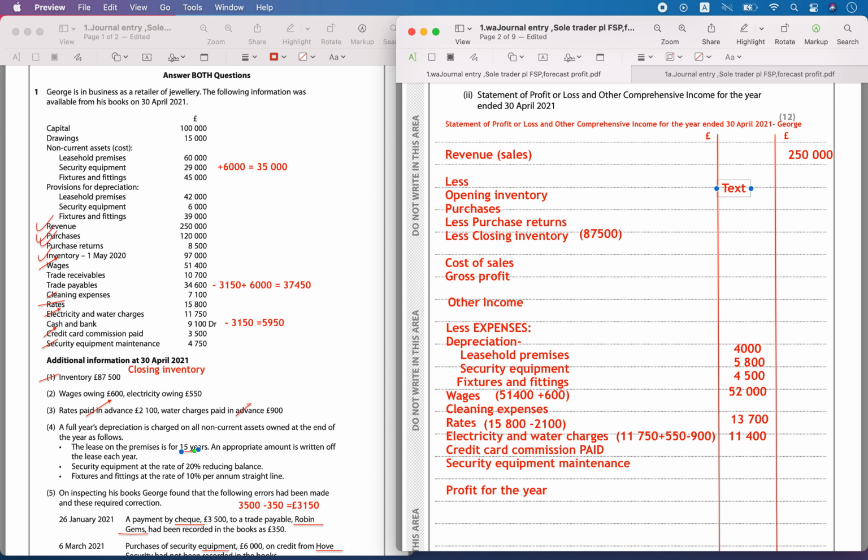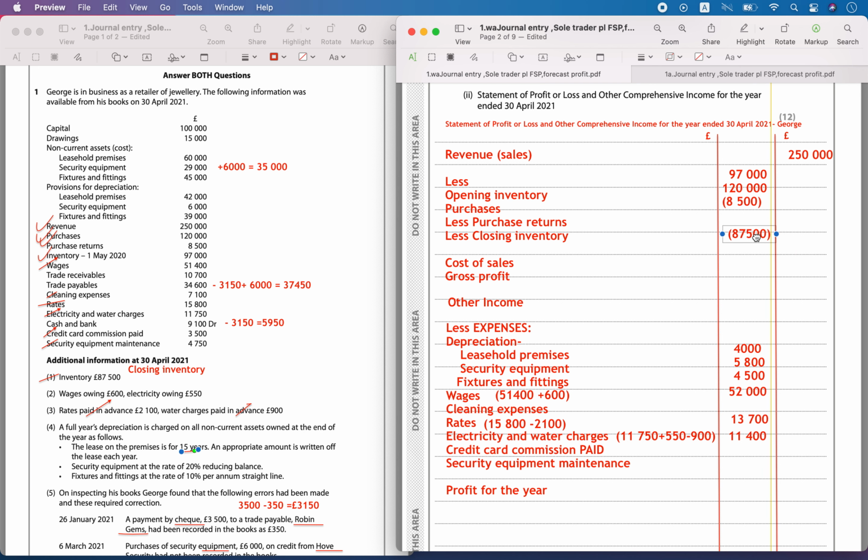And then you have the purchases of inventory, which was 120,000. Then you subtract the purchases returns, which was around 8,500. And then you have the closing inventory value, 87,500.